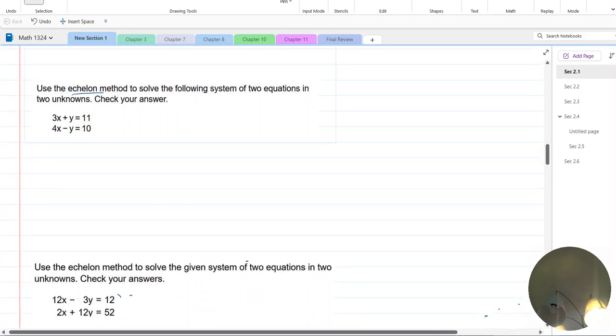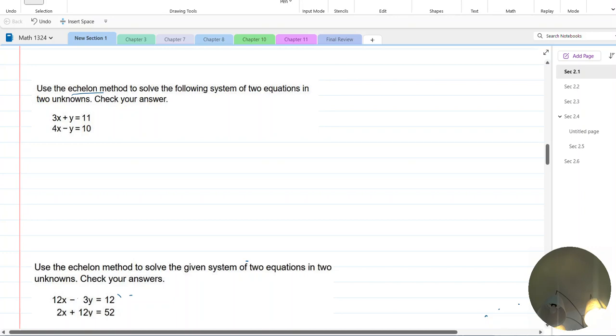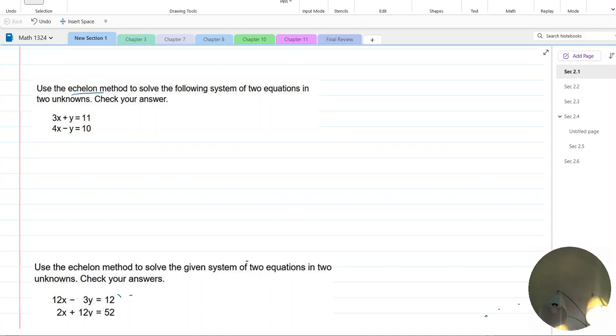We're going to solve this system by the echelon method of the two equations of two unknowns. Two unknowns mean they're linear. If there are three, well, then we've got something else. We've got a three-dimensional type movement. All right. So we have 3x plus y equals 11 and 4x minus y equals 10.